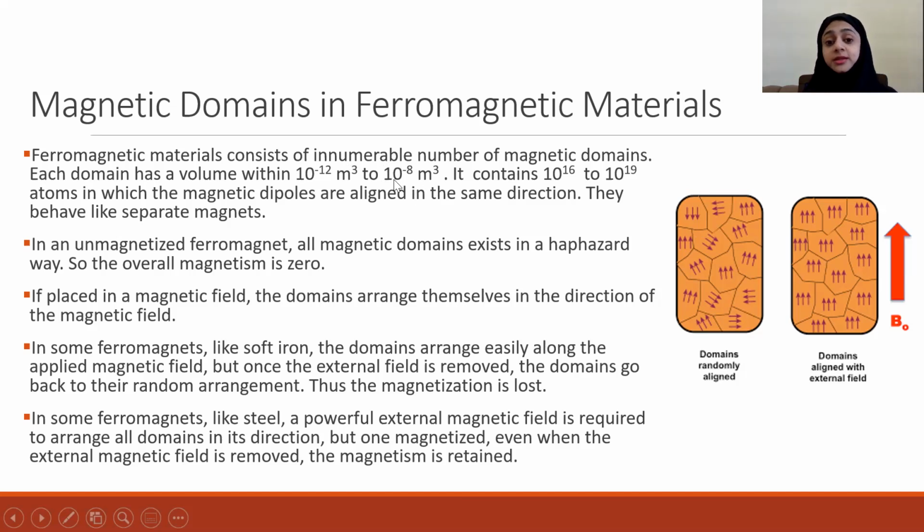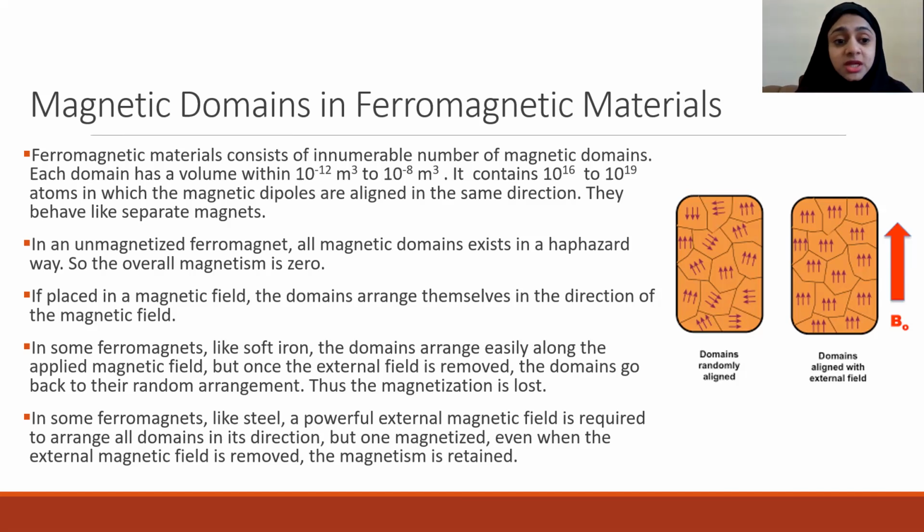For each ferromagnetic material like iron, cobalt, nickel, the volume of the magnetic domain may slightly differ, so it will lie within this range. See, the volume is very small. And each domain contains 10 raised to 16 to 10 raised to 19 atoms. So there are a large number of atoms within each domain.